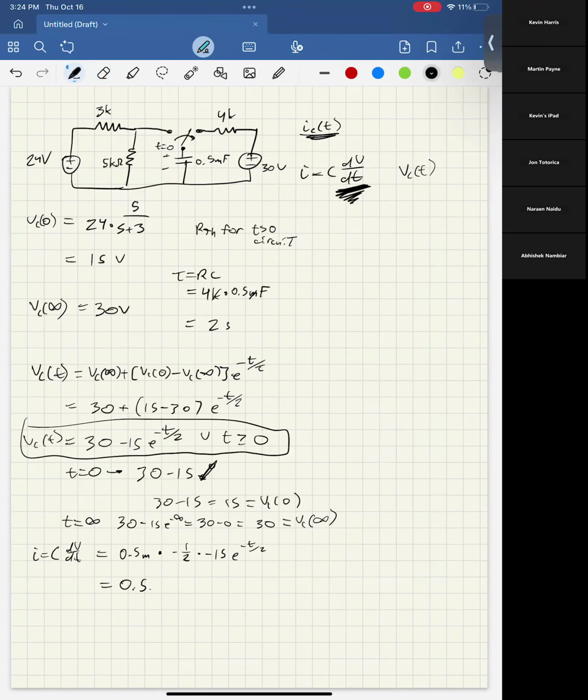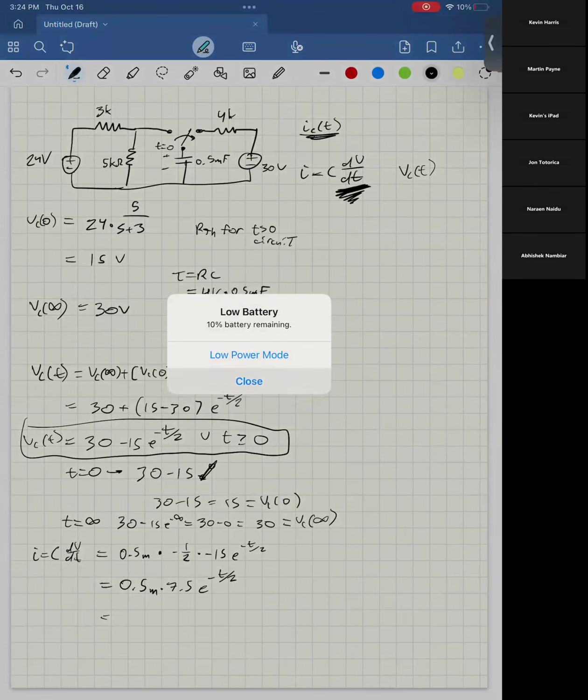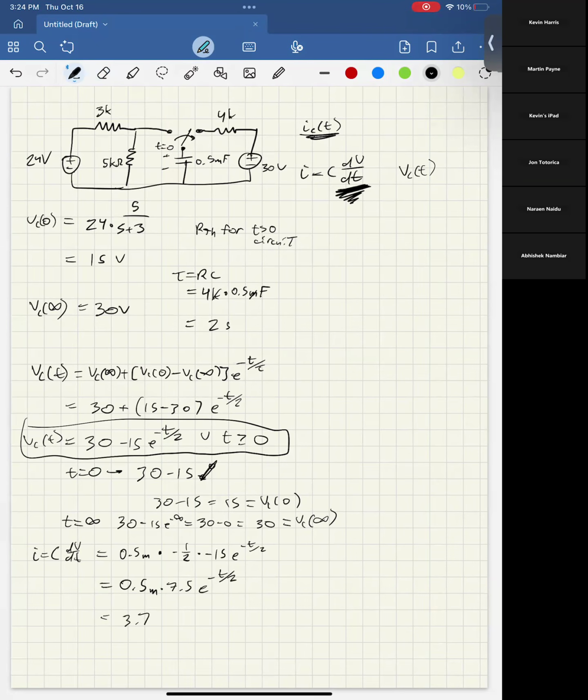So now we have 0.5 millifarads, or 0.5 m, times, what is this, like positive 7.5, I think, e to the negative t over 2. So however you want to write that, what's half of 7.5? I should know that. 3.75, true. 3.75 e to the negative t over 2, and then you could write it as milliamps because there's an m there, for t greater than or equal to 0.